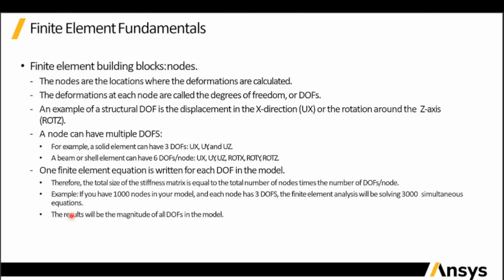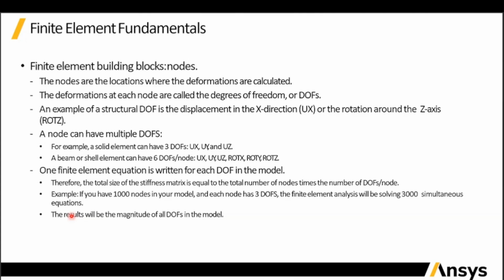An example of a structural degree of freedom is the displacement in x direction or rotation about z direction, right? Let us take the example of a solid element. Any solid element has 3 degrees of freedom: translation in x, translation in y, and translation in z direction.